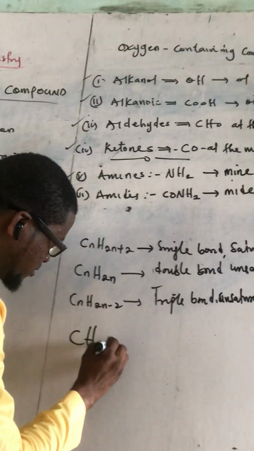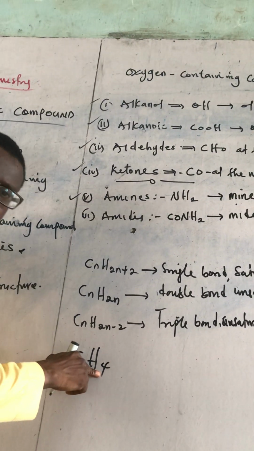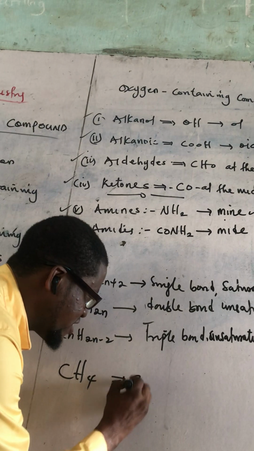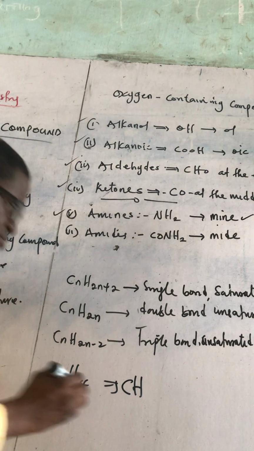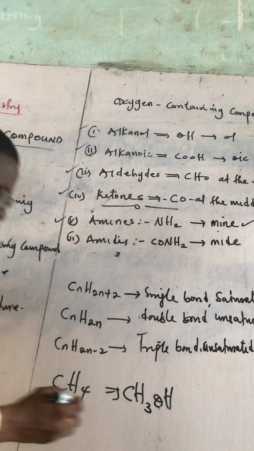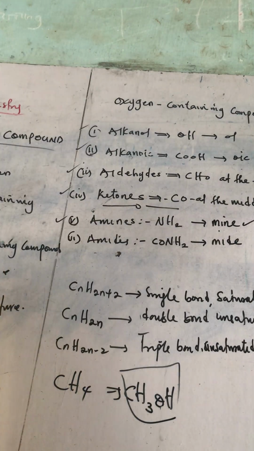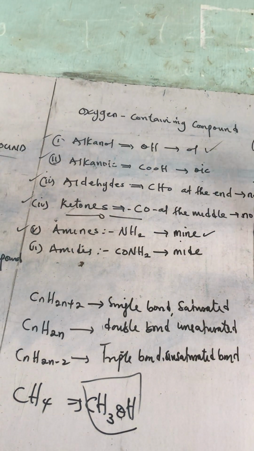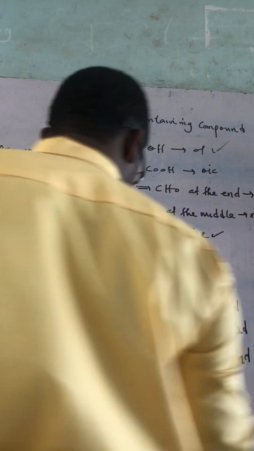If you remove one hydrogen atom now and you replace with OH, we'll be having CH3OH. What I have on the board is what? Methanol. So very simple to form this group. So this is methanol.